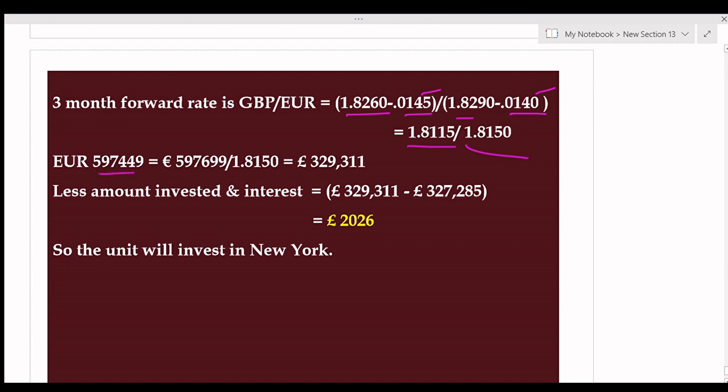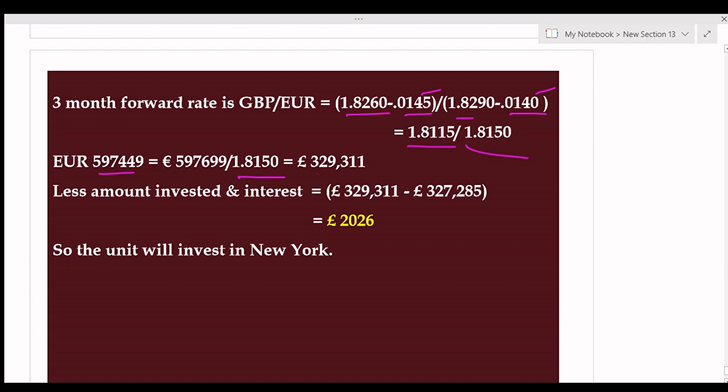Euro 5,97,449 will be converted to GBP divided by 1.1850, that is the ask rate. GBP euro is the indirect quote in UK.